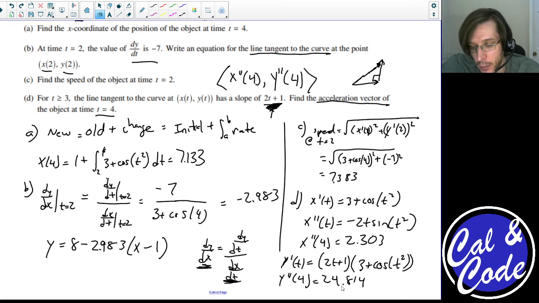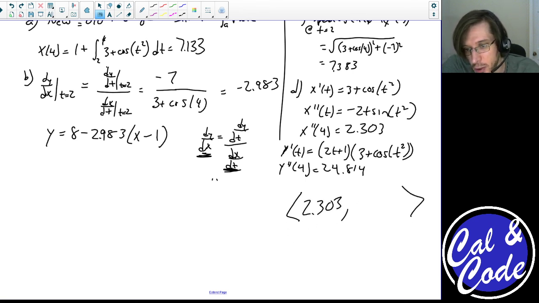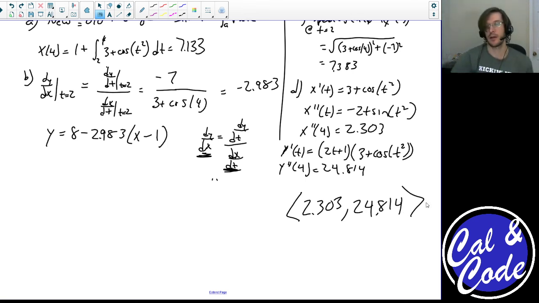So you can work that part out by hand. Take the derivative of that at 4. Then, to write this as a vector, which is what they wanted, you put it in angle brackets and say 2.303, comma, 24.814.